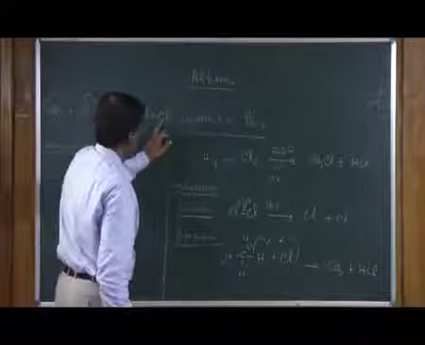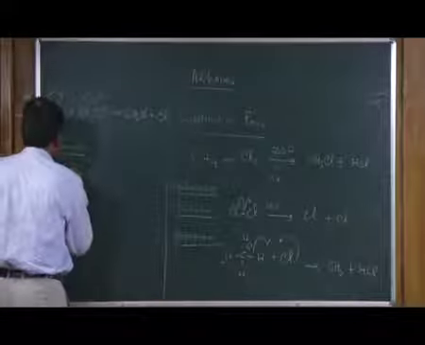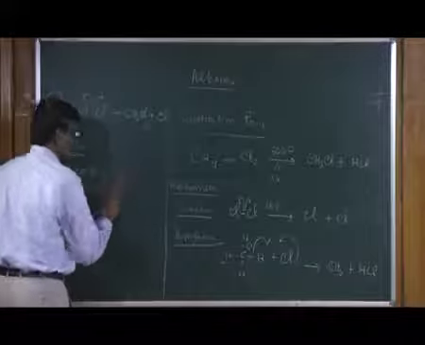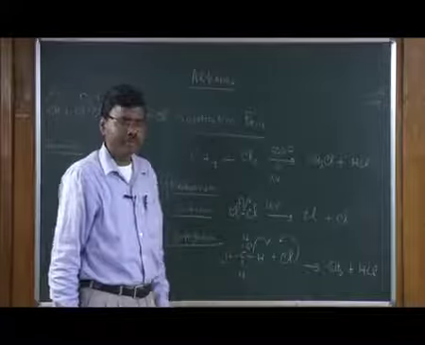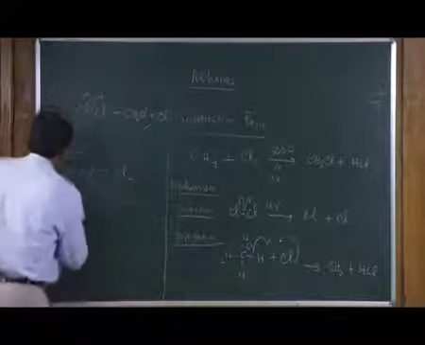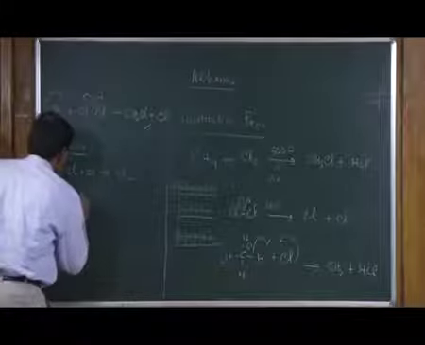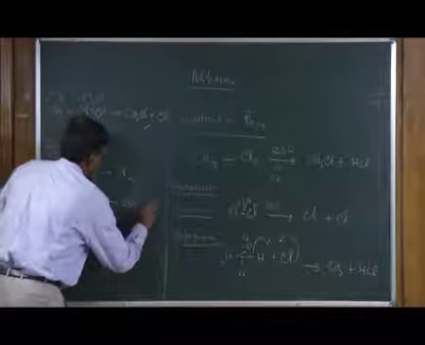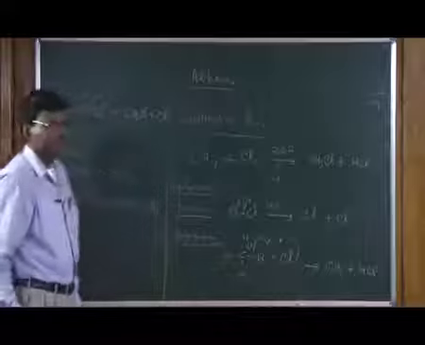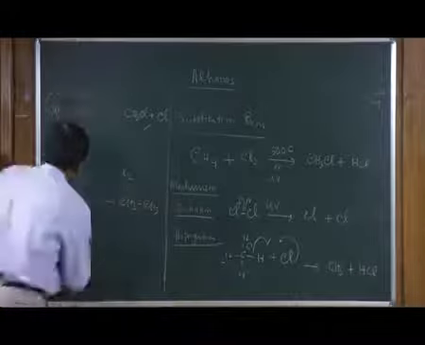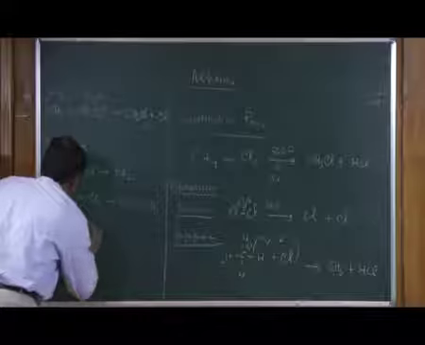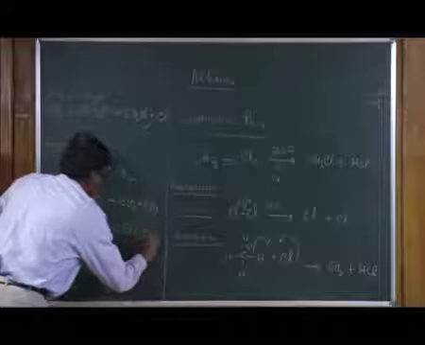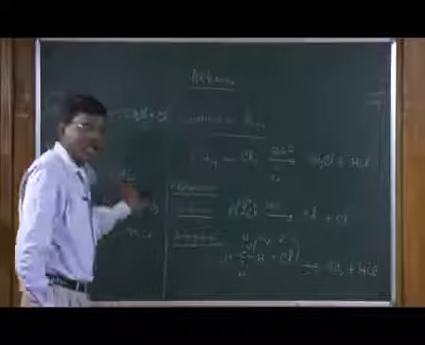So, two chlorine radicals can combine together and generate Cl2 again. Two methyl radicals can combine together and generate ethane. Or a chlorine radical can react with a methyl radical and generate chloromethane. So, this is called the termination step.